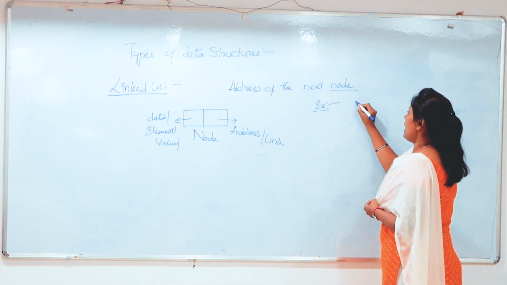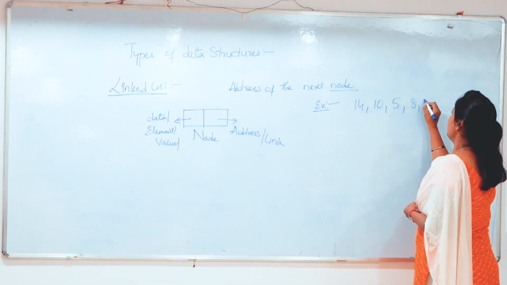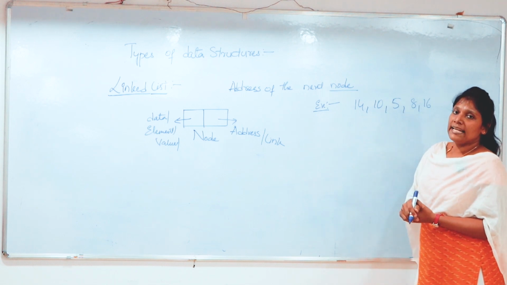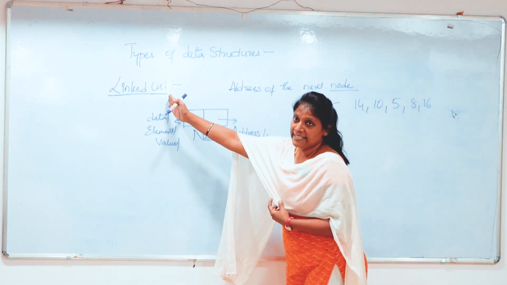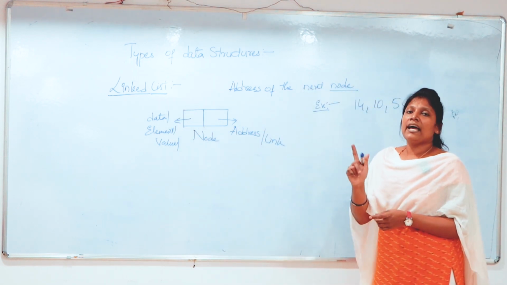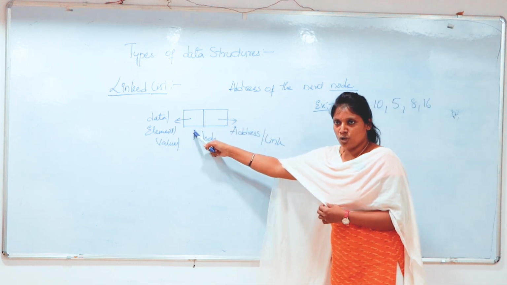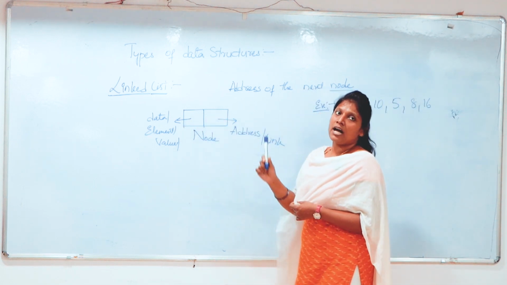Now, suppose I have 14, 10, 5, 8 and 16. These are all the elements I have to insert in our data structure, that is the linked list. For each and every element, I have to create a separate node, insert a value there and give the address.